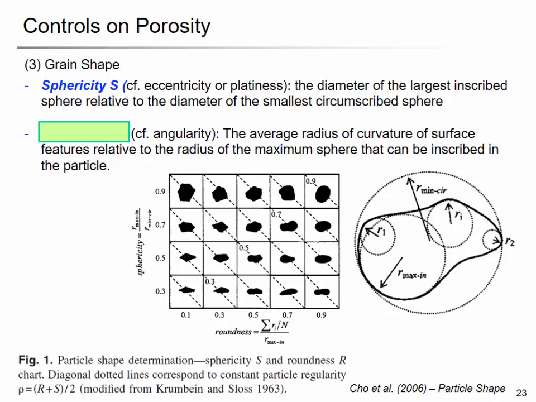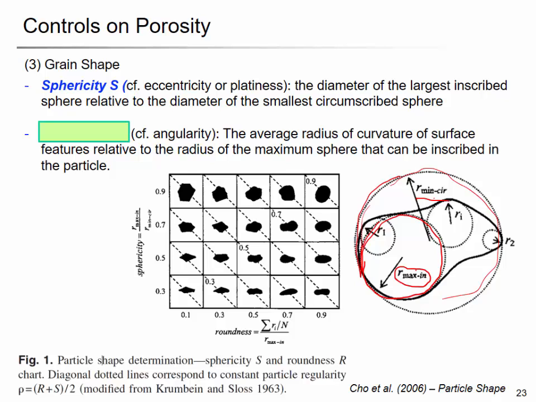So if this thick line is the grain shape, then the maximum inscribed sphere will be this one. Right? So R max inscribing. And the circumscribing, the minimum diameter is the one that is enveloping this particle, right? This one. The ratio between this and this gives you the sphericity. So if it's perfectly round, then sphericity should be 1.